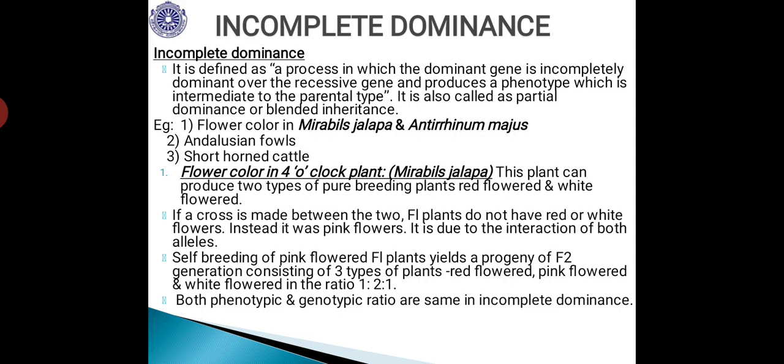Both phenotypic and genotypic ratios are the same in incomplete dominance, that is 1:2:1. Unlike in Mendelian inheritance, wherein the F2 generation shows a phenotypic ratio of 3:1 and the genotypic ratio will be 1:2:1 only.